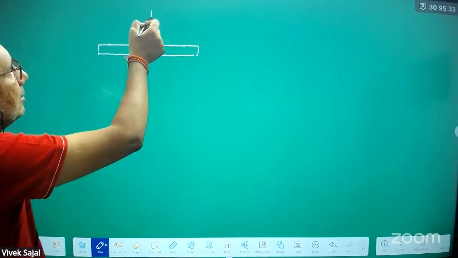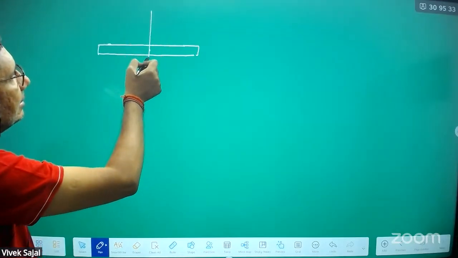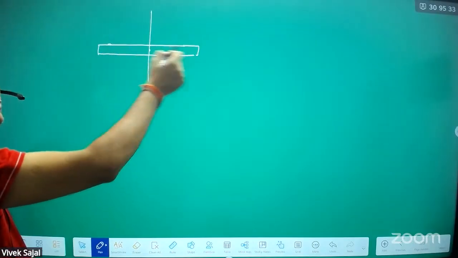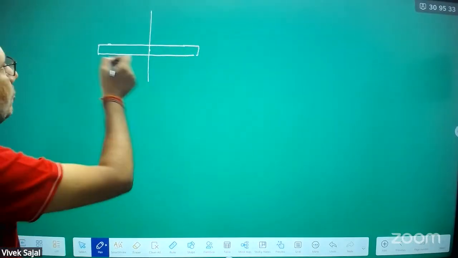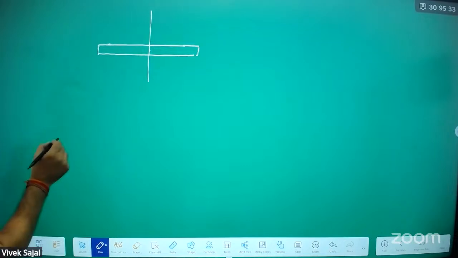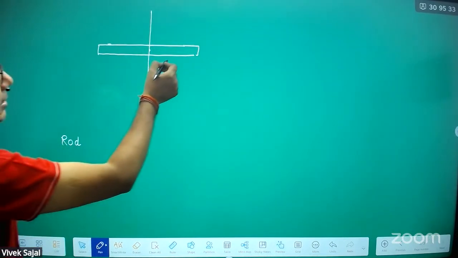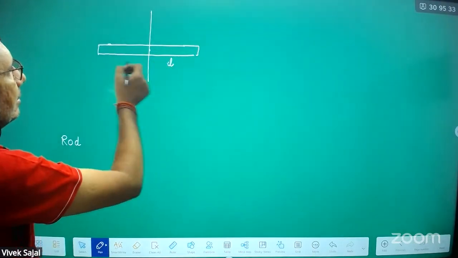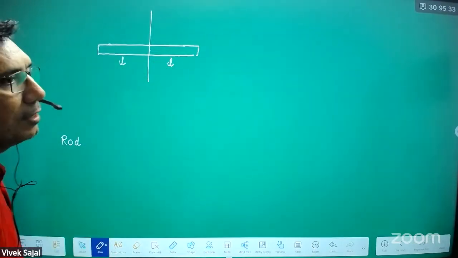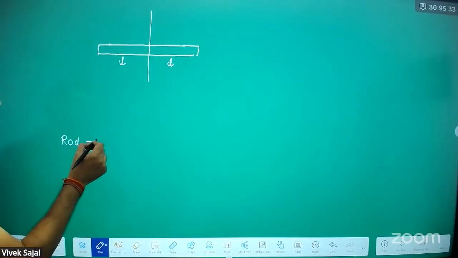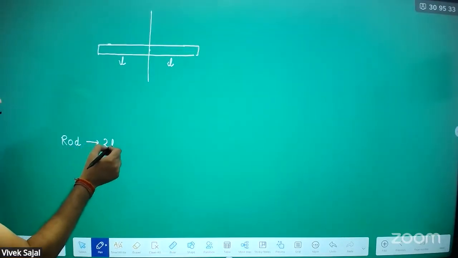Here, this is an axis that is perpendicular to this rod. Its length, you can say this is L here, this is L here. So the length is 2L.